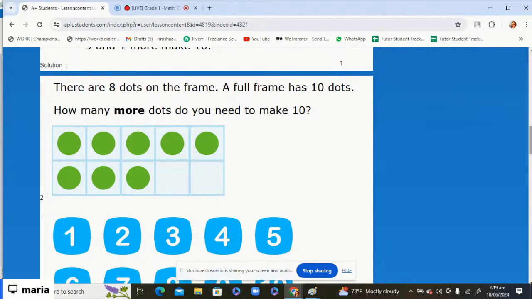Because this full frame has 10 dots. So, how many more dots do you need to make 10? Only how many?